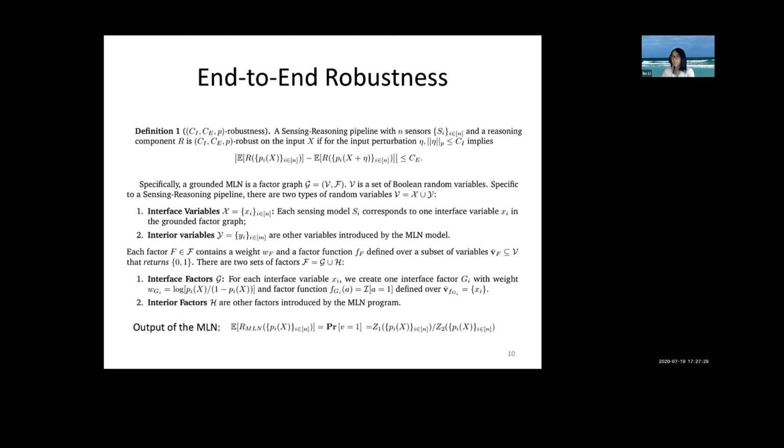And we can see that at a higher level, the output of the MLN reasoning component is a probability of Z1 divided by Z2. Here Z1 defines the possible worlds that make the knowledge true, and Z2 defines all the possible worlds that can happen in this graphical model assignment.